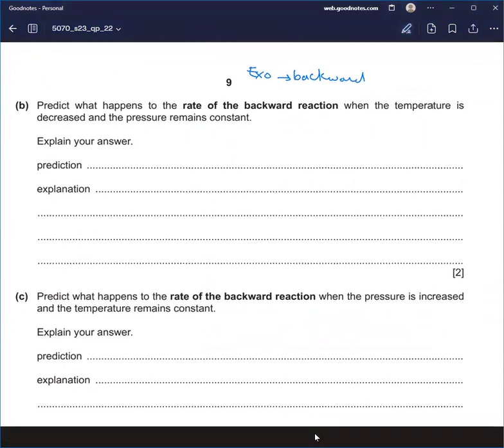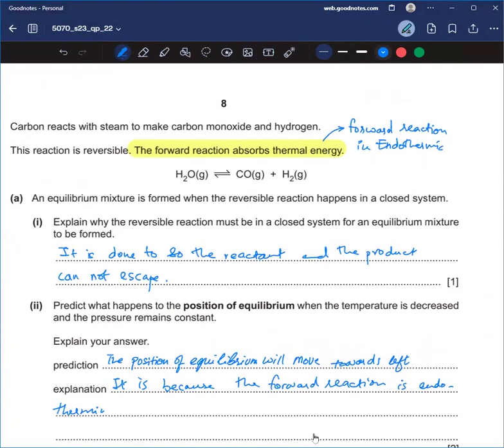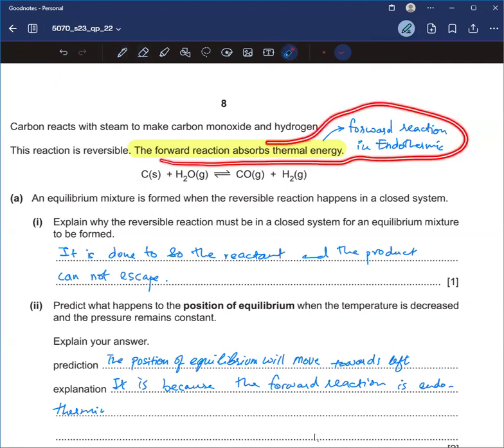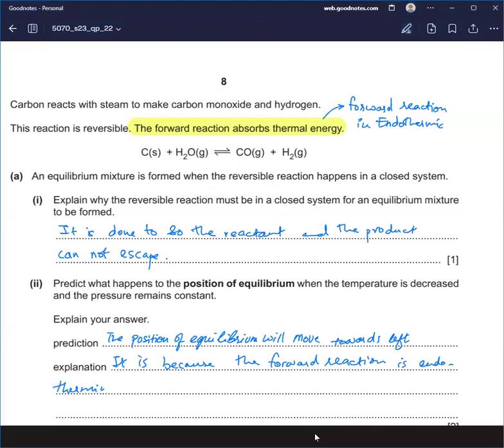Let me show you once again. The forward reaction was endothermic, because it was absorbing thermal energy. And I told you if the forward is endo, the backward would be exothermic, right?